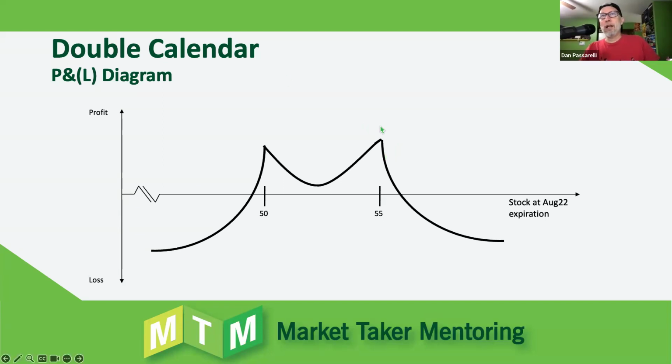With the original call calendar, the max profit is here, it goes down some because we're already down money on it. If this one works out great, this one's not going to work out great. So we don't still make the original maximum profit that we would have made, but we still make money. We're going from, shoot, I'm losing money, to, oh, I made money.